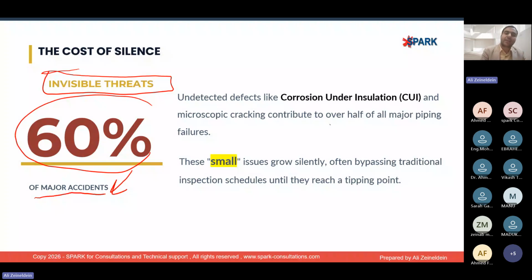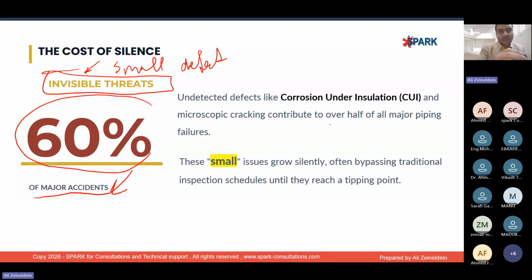Let us take an example to explain what this percentage means. But before that, let us explain what we mean by invisible threats. Invisible threats, in another meaning, are small defects.